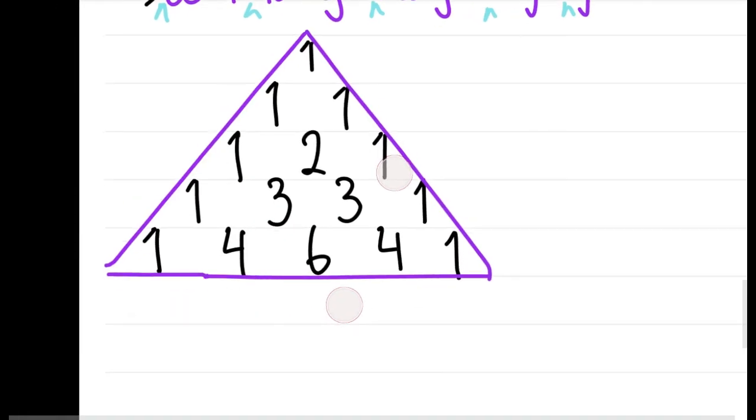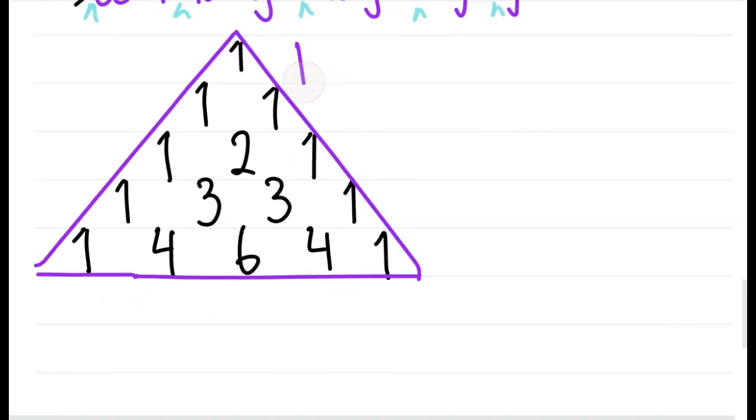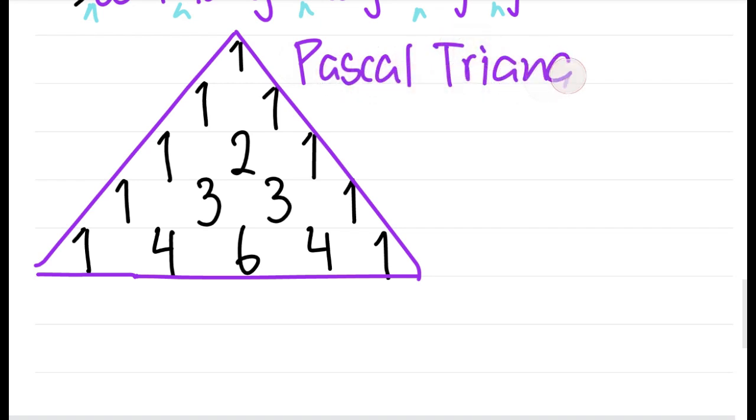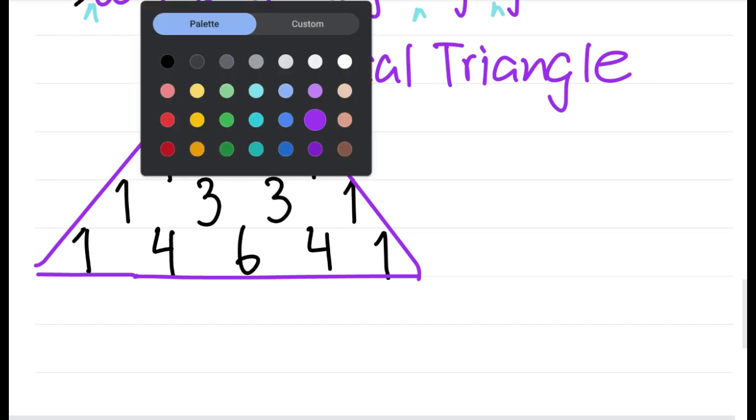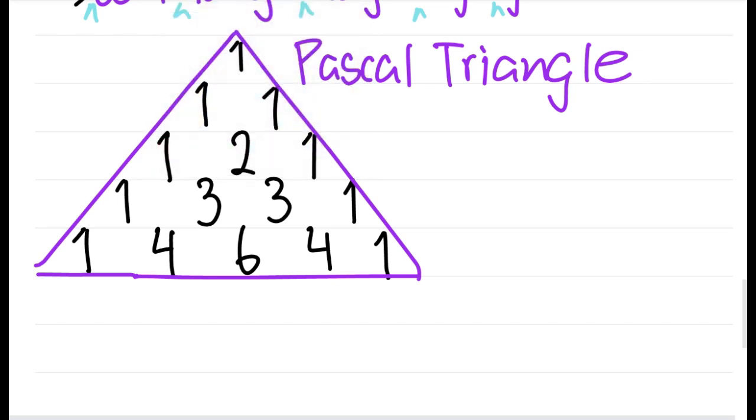This is what we call the Pascal triangle. I know it's not perfect and not what you usually see, but we have to make do. There are actually a few patterns here that I want you guys to realize.